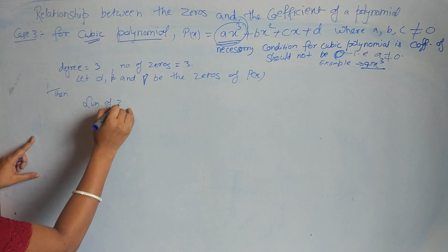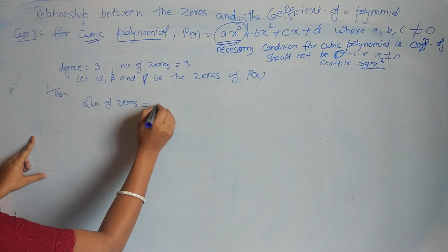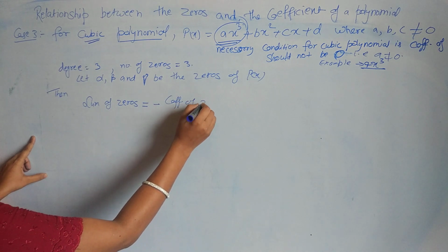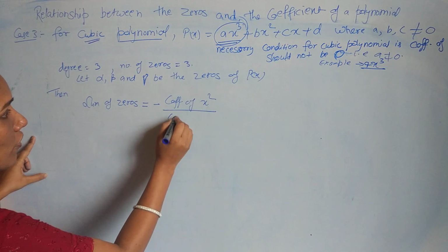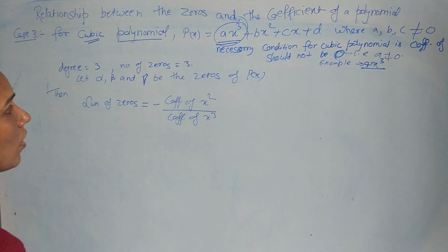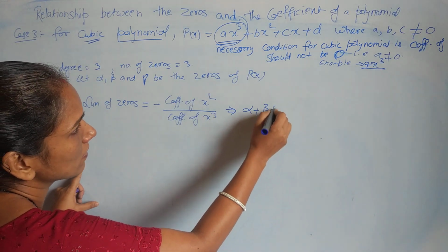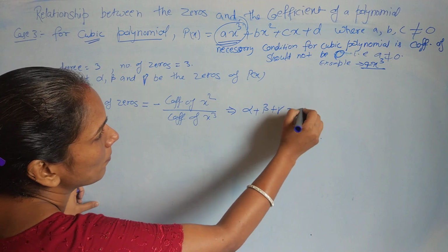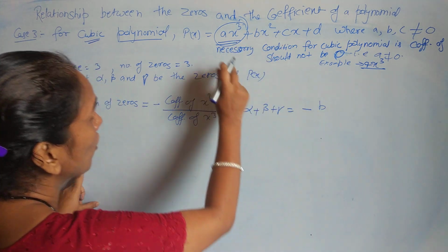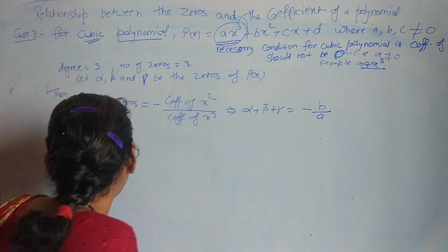sum of zeros is equal to minus coefficient of x square by coefficient of x cube, or I can write alpha plus beta plus gamma is equal to minus b by a.